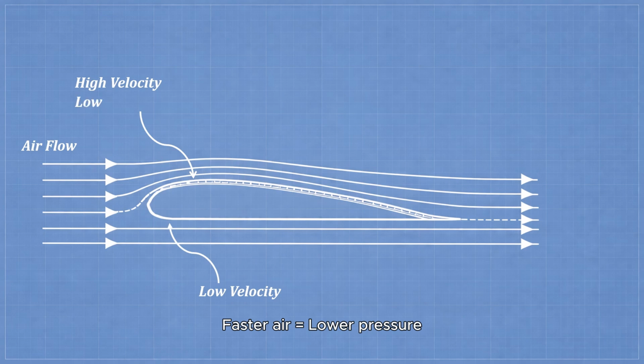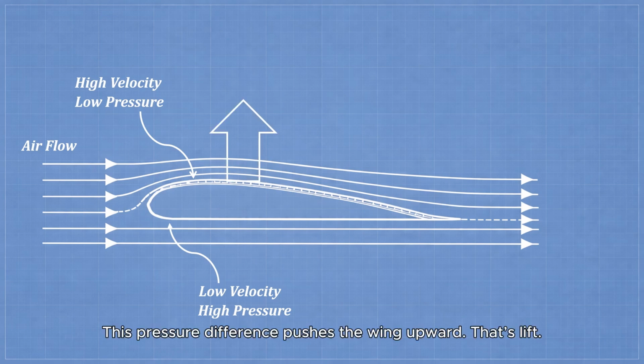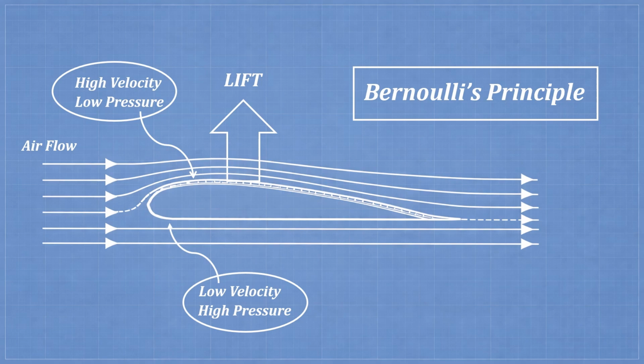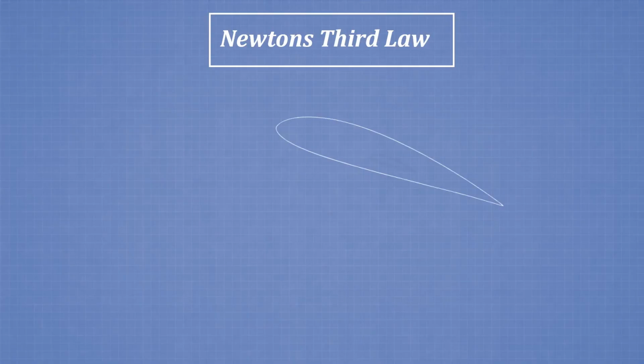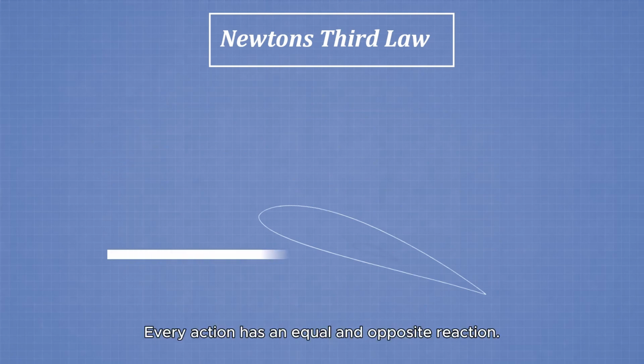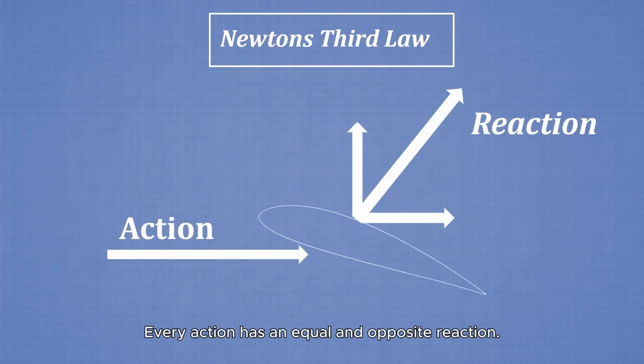Faster air equals lower pressure, slower air equals higher pressure. This pressure difference pushes the wing upward. That's lift. This behavior of air, how pressure changes with speed, is explained by Bernoulli's principle. Newton's third law also plays a role. Every action has an equal and opposite reaction.